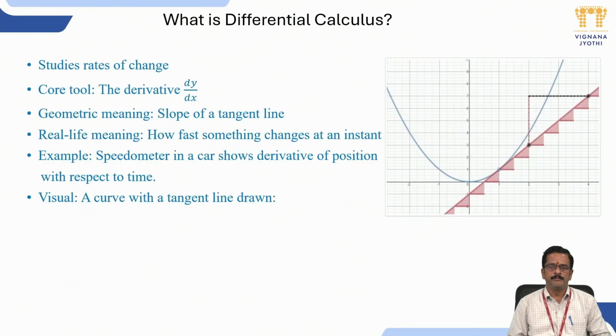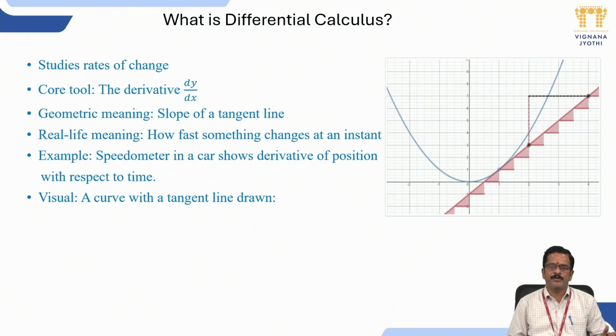Now let us learn about differential calculus. What is differential calculus? It studies the rate of change, how changes happen in our surroundings. That is what the derivative helps us with, which we represent by the tool dy by dx.